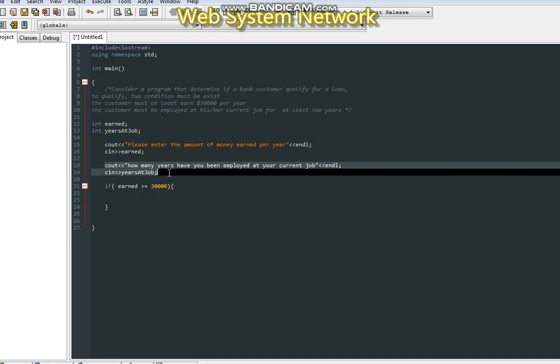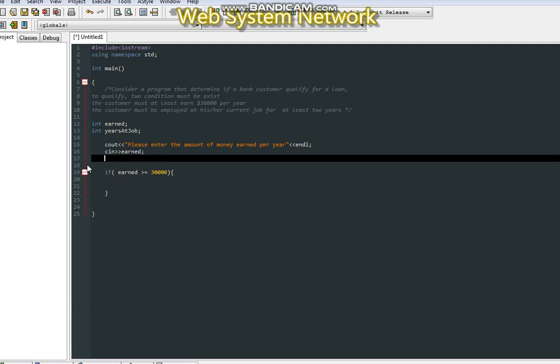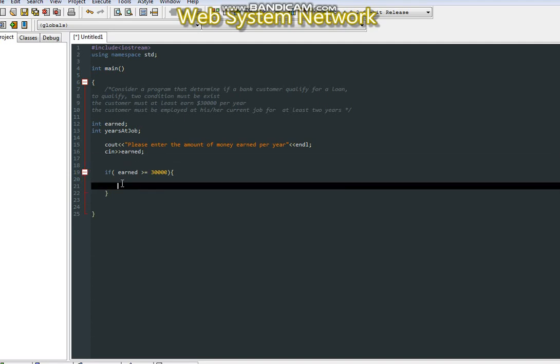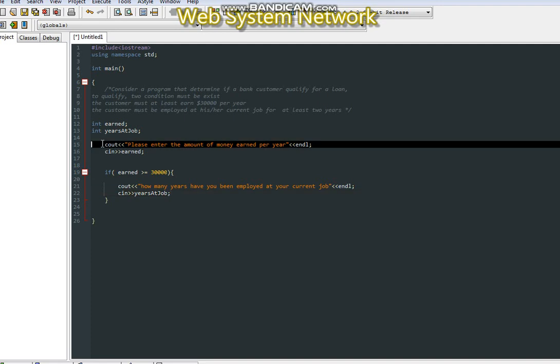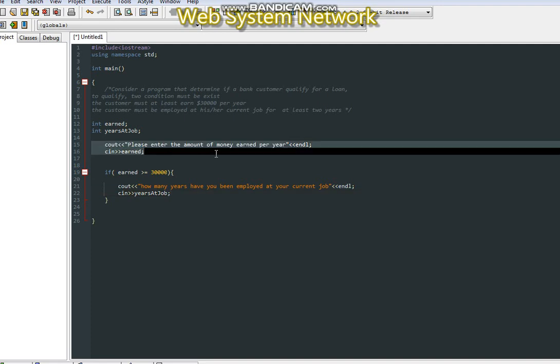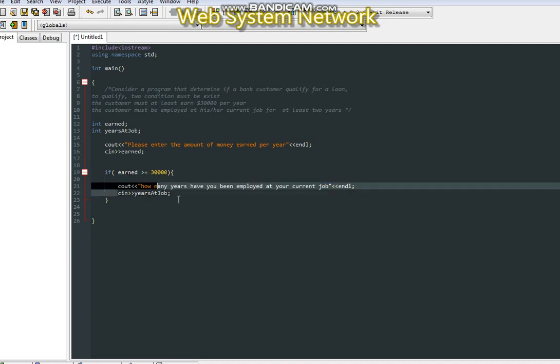I'm going to take this one out over here because this one must exist for us to go to the next one. How many years have you worked in your current job, and then we store it in that variable also. So this is what the program will do. It will ask the person to enter the amount of money he makes per year. If that amount is greater than or equal to 30,000, how many years have you been employed?